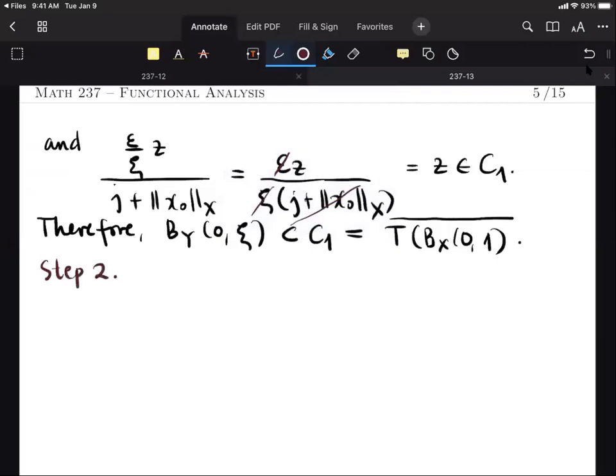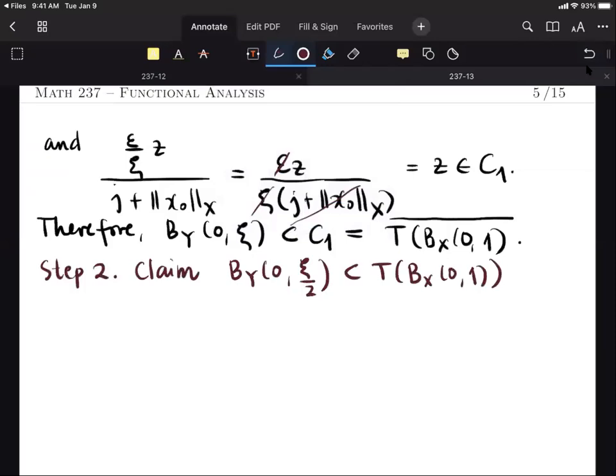Now, for the second step, we claim that the ball centered at this is a subset of, let us divide this by 2, so this is a subset of the right-hand side, but now without the closure.